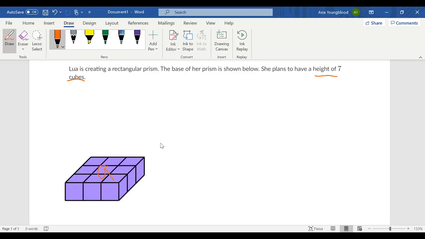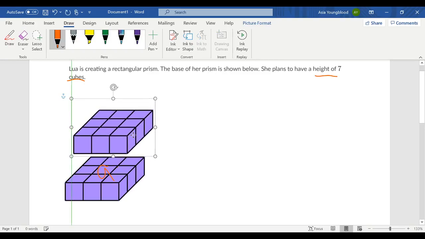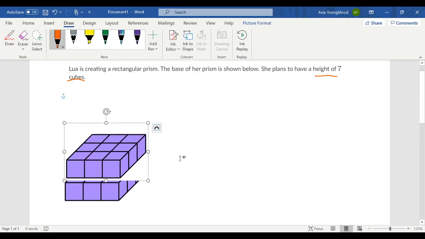And they say I want to stack 7 of these up. So if I click on this without my pen, I want to have 7 of these. Here's another one. I want you to still be able to see. We know the first one is 9. There's the second one.